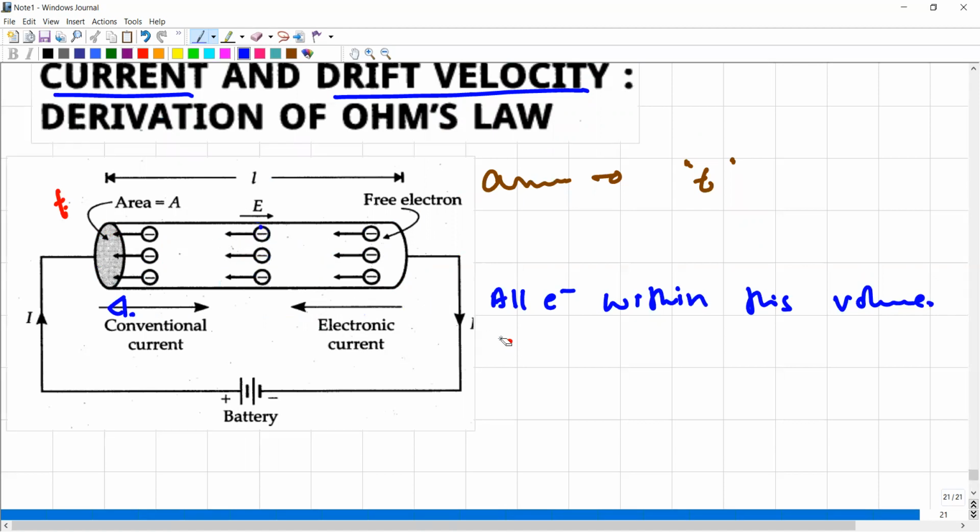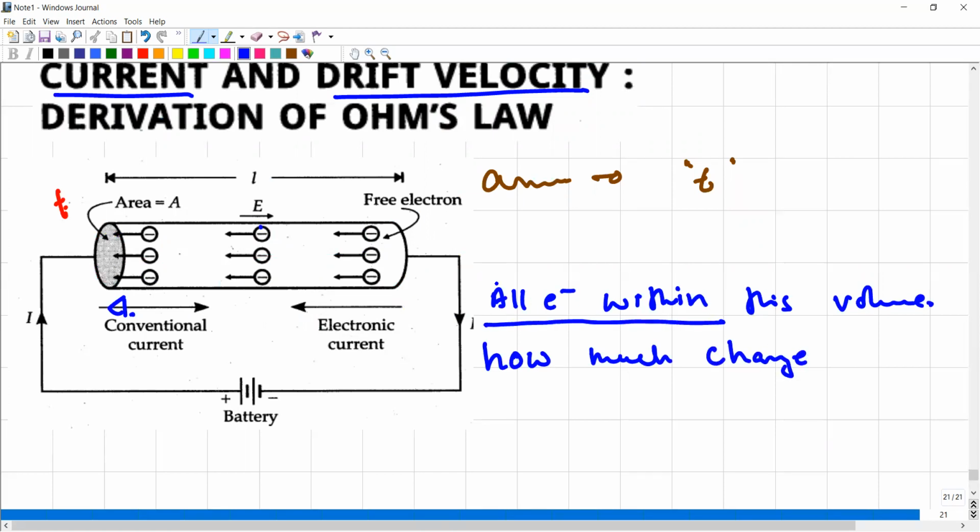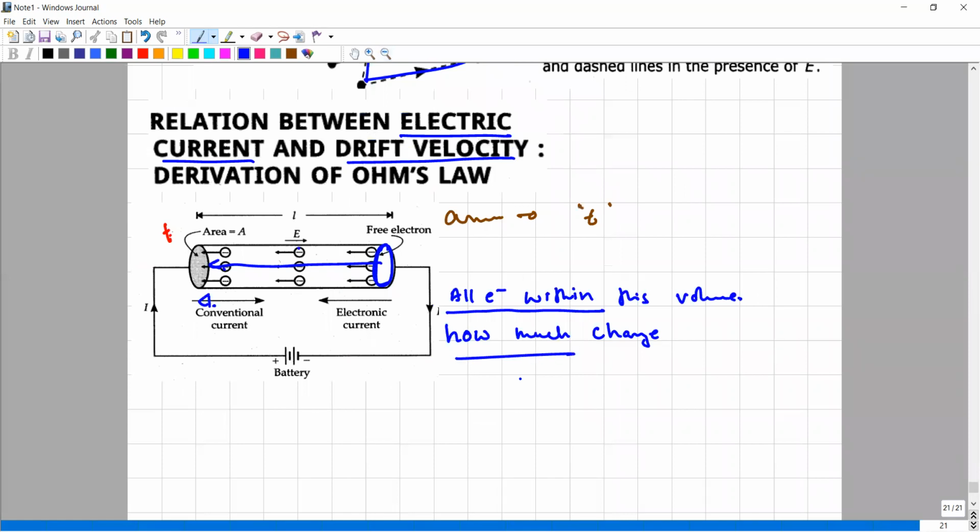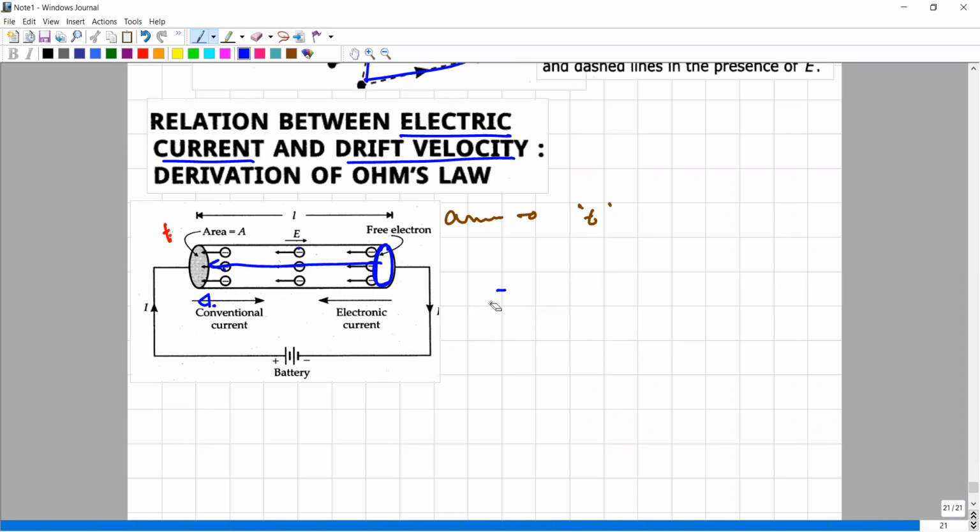So I need to know how much charge all these electrons that have flown from this end to this end have. So be very clear what exactly I want to know.